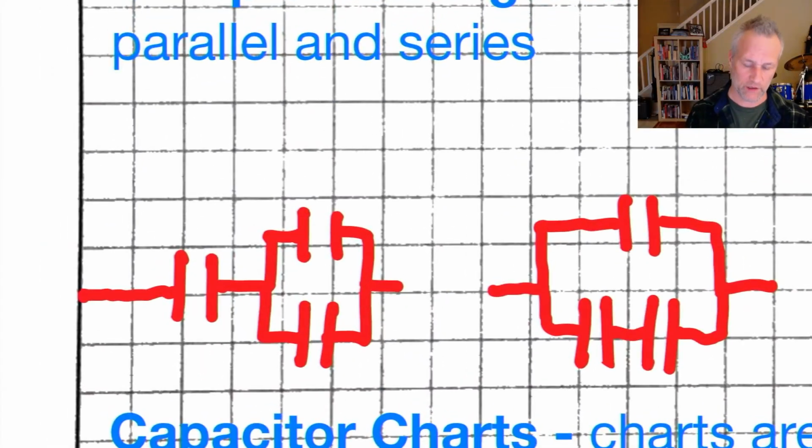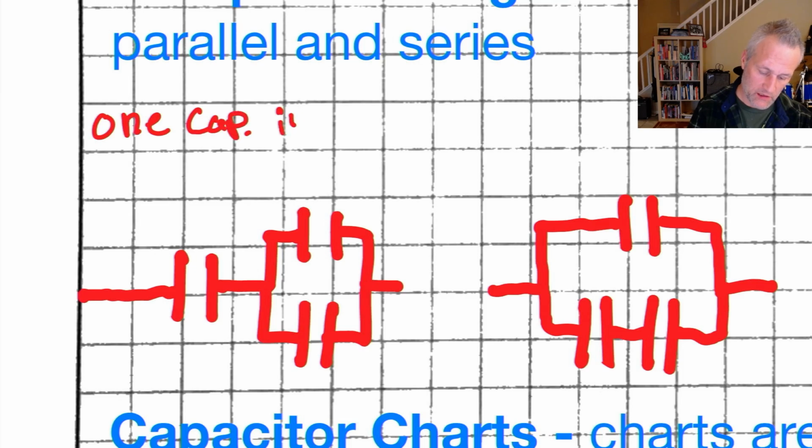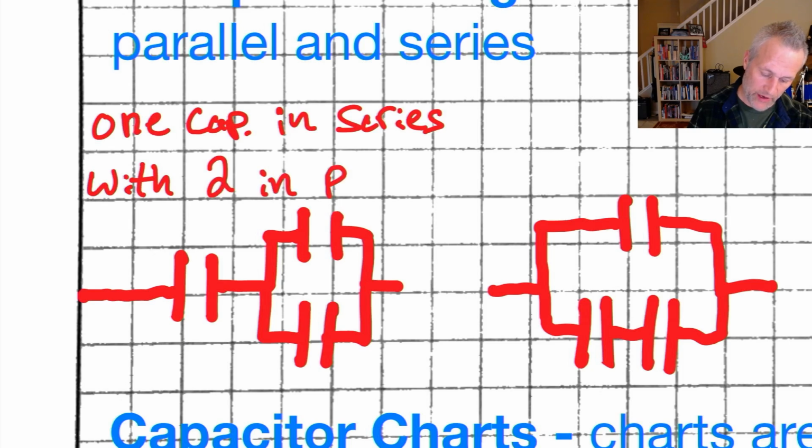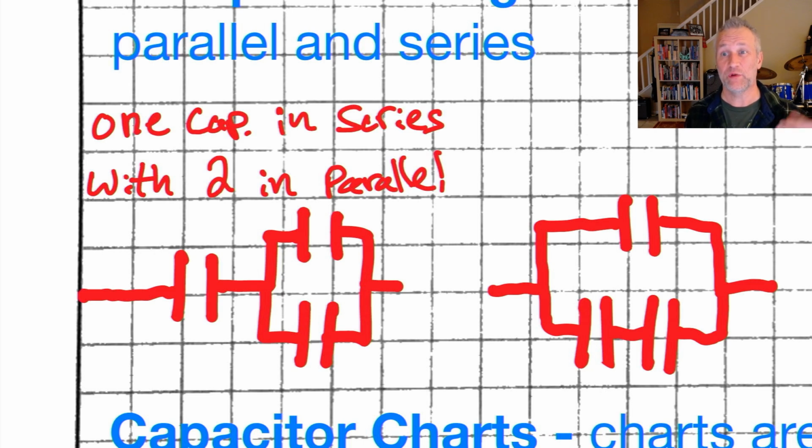For this first one, I would say that I have one capacitor in series with two in parallel. The first one is in series with the next two, which are in parallel with each other.